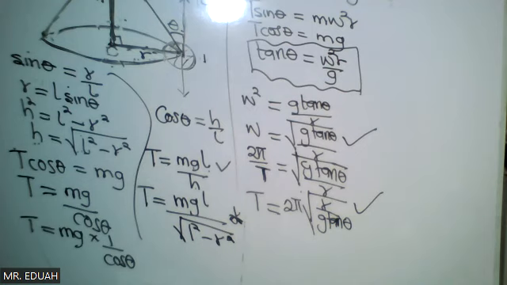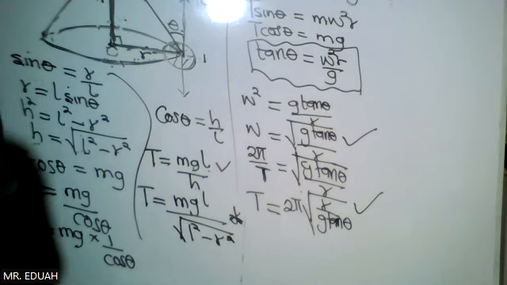If the uniform speed of the object is 5 meters per second, calculate I, the angle of inclination of the string to the vertical, and then II, the tension in the string.